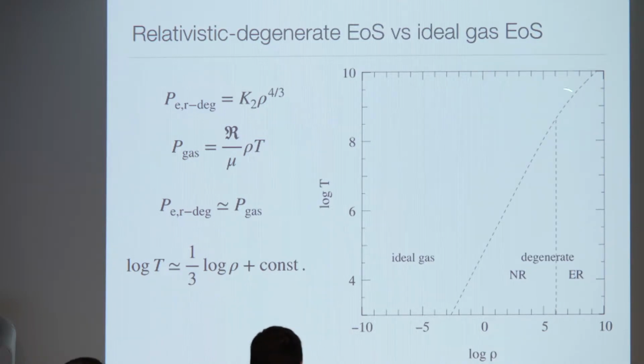So here is basically where the ideal gas pressure and the relativistic electron gas pressure will be similar.